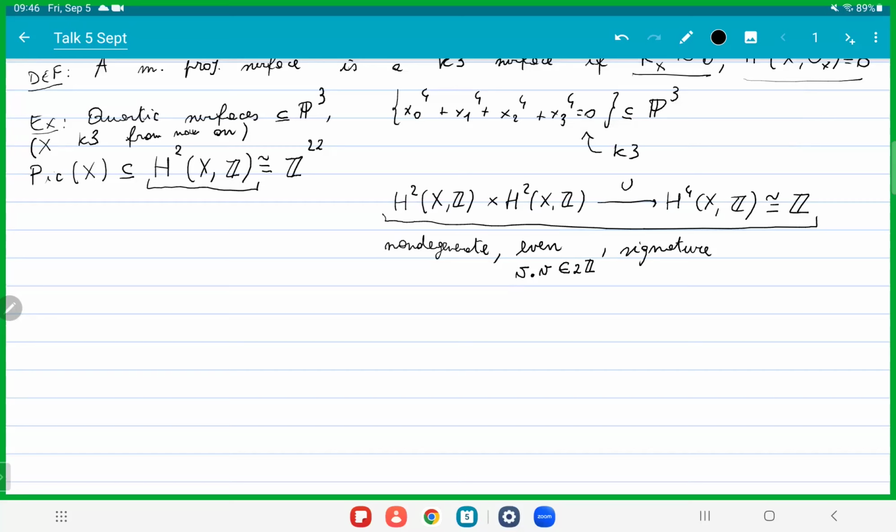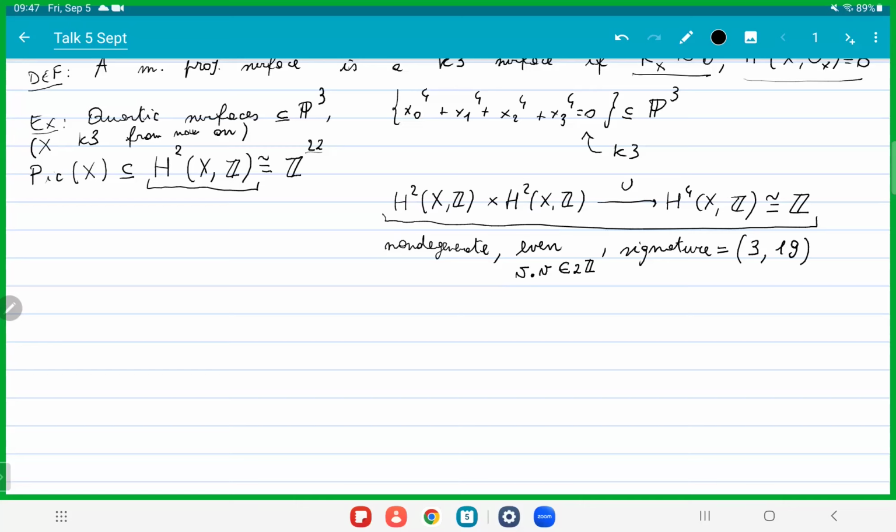We just tensor with R. If we tensor with R, every bilinear product can be diagonalized with a certain number of ones on the diagonal, a certain number of minus ones. And we can check that there are 3 positive directions, 19 negative directions. So we know everything about this bilinear product. And notice that indeed 3 plus 19 add up to 22, which is the rank of this free abelian group.